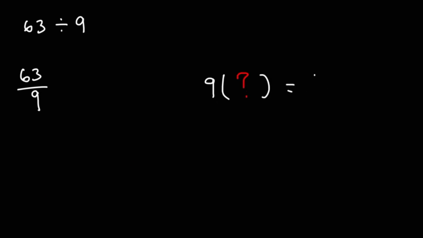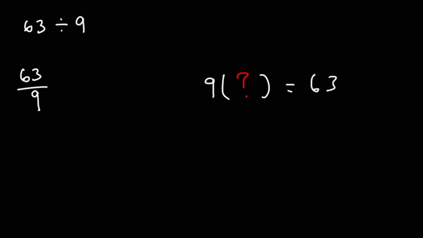Now let's talk about division. Let's say we want to divide 63 by 9. How can we find the answer? Now what you need to know is that division is the opposite of multiplication. By the way, you can also rewrite this problem as a fraction. So 63 over 9 is the same as 63 divided by 9. Now to find the answer, ask yourself, 9 times what number is equal to 63?